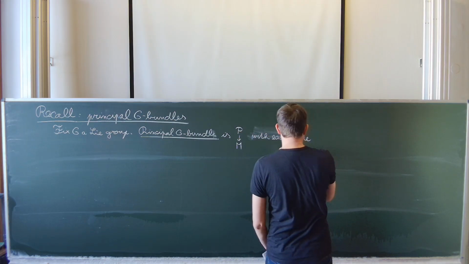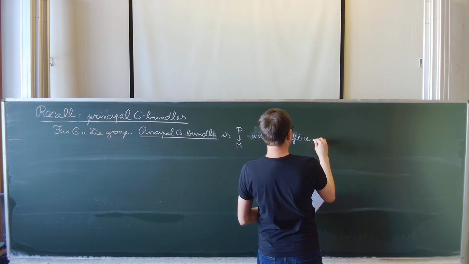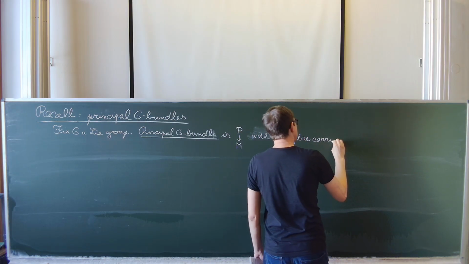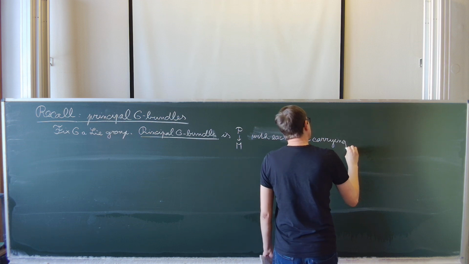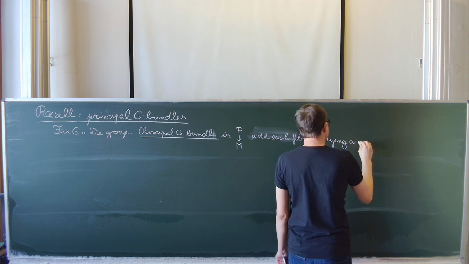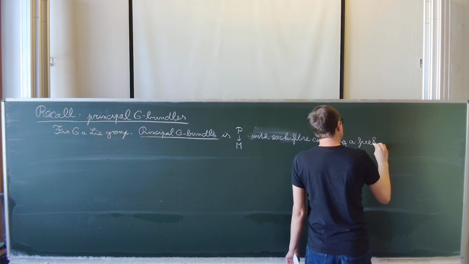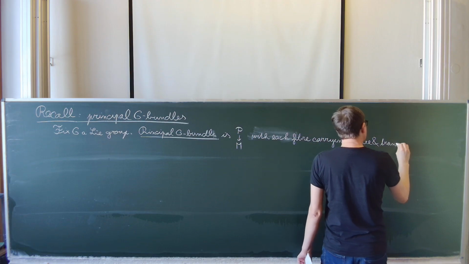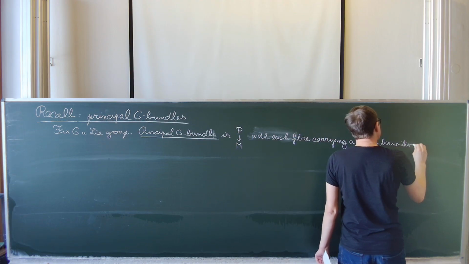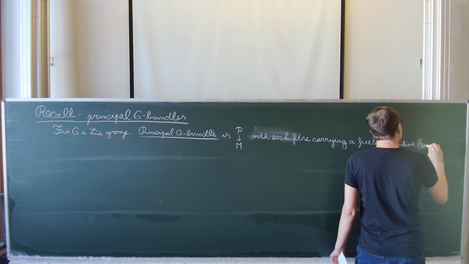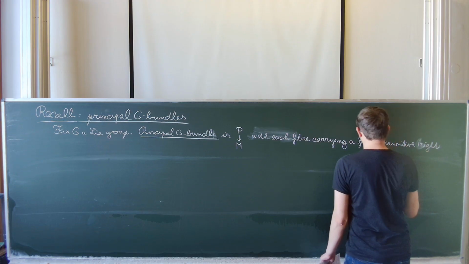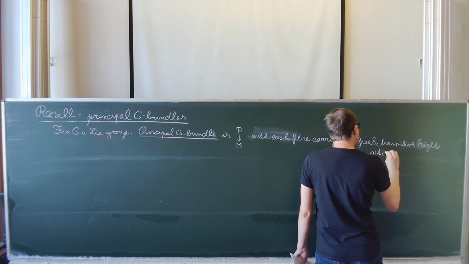So over each point, you look at the preimage, each fiber carrying an action of G, which is free and transitive. Free and transitive right action of G.